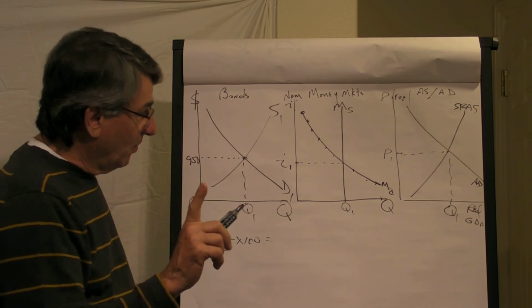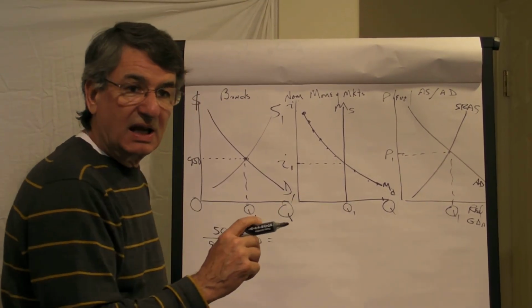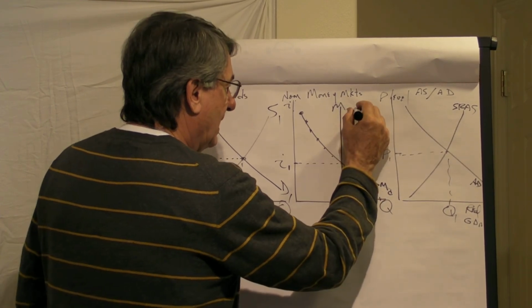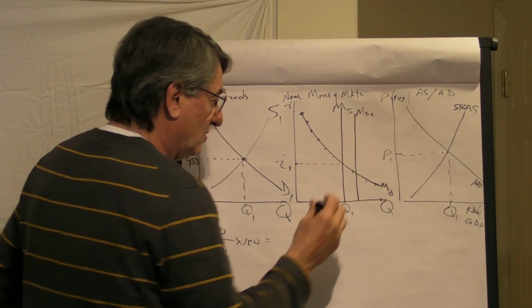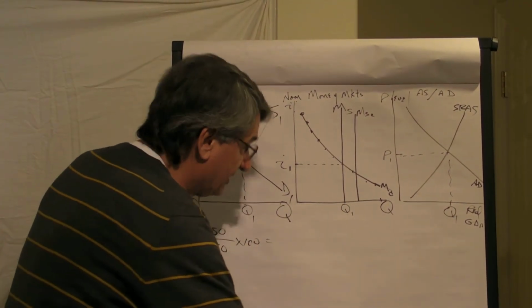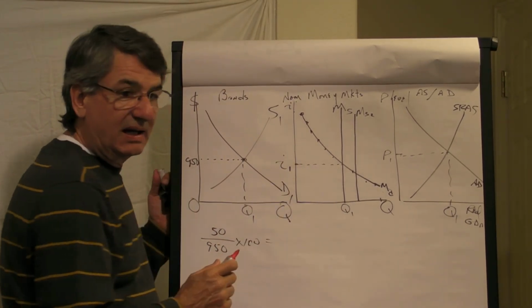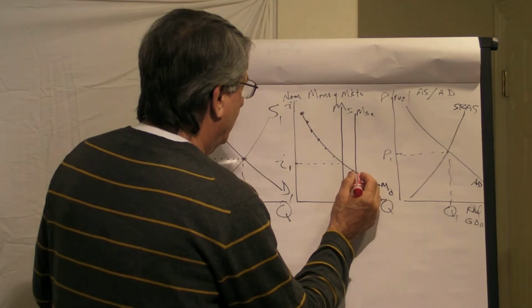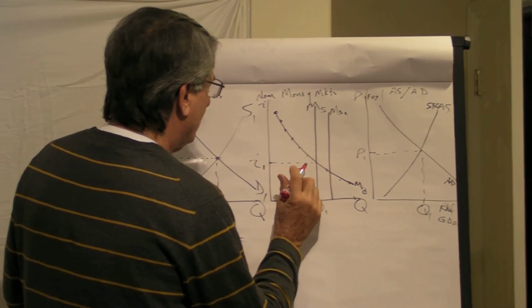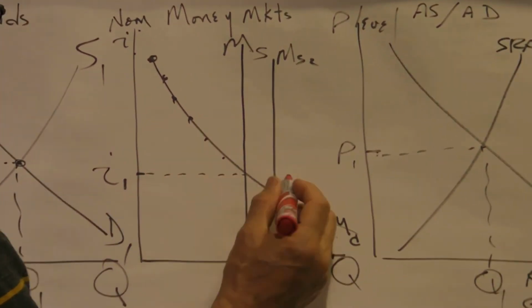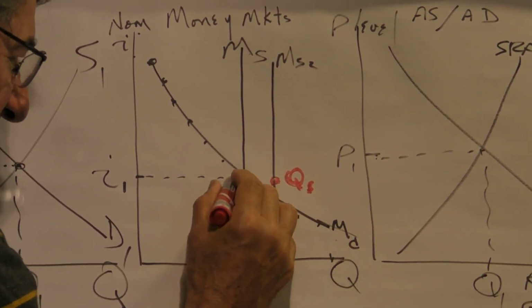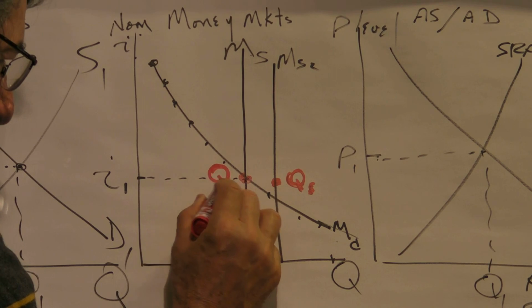What if the Federal Reserve increases the money supply to MS2? Well, turns out that I1 here is no longer an equilibrium. At I1, this is the quantity of money supplied, but this here is the quantity demanded.